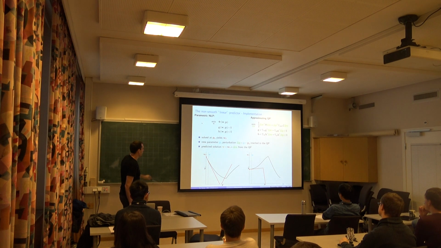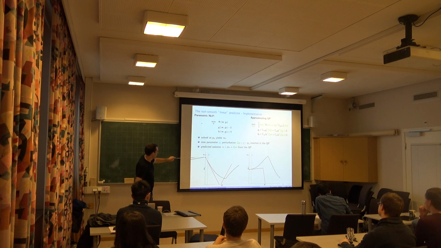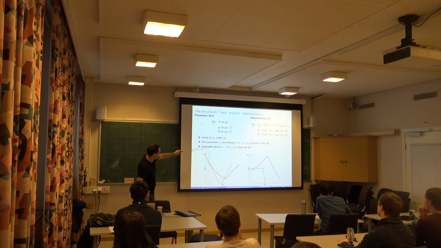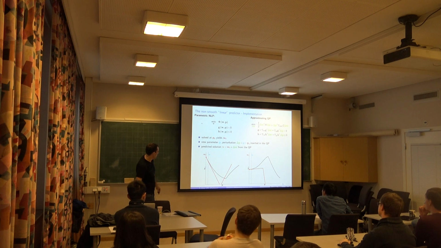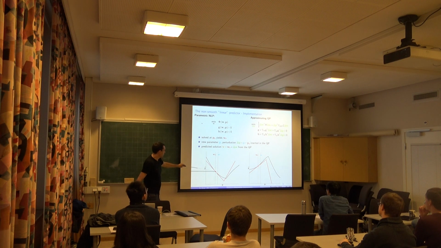So here we go. I solve for P0. That's my new P, the blue one. And the predictor is bringing me to this orange point. And you see that it's almost on the NLP solution. So it's a pretty good prediction. And I can move forward like this, solving the NLP, for example, here.